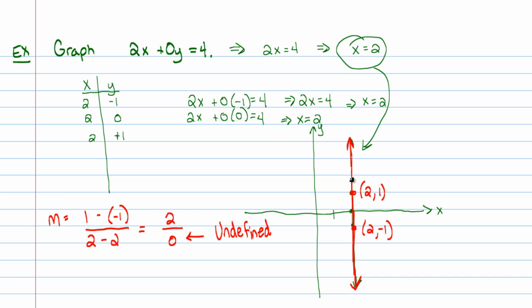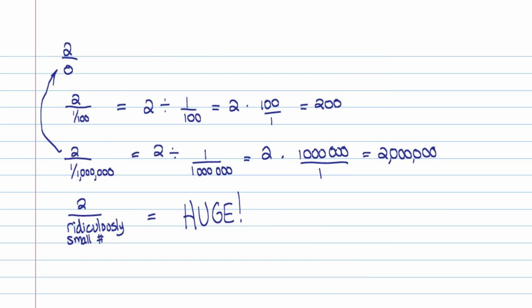It's so steep, it's hard to fathom how steep that is. How do you put a label on the steepness of that? And that is exactly what we're talking about as far as the size of 2 over 0. 2 over a number close to 0 ends up being ridiculously huge. And that's why we consider it to be undefined, because we really can't define it. It never stops growing. You can't just say, oh, it's like 2 billion. Somebody could trump that and say, well, it's 2 trillion, right? So we call it undefined.